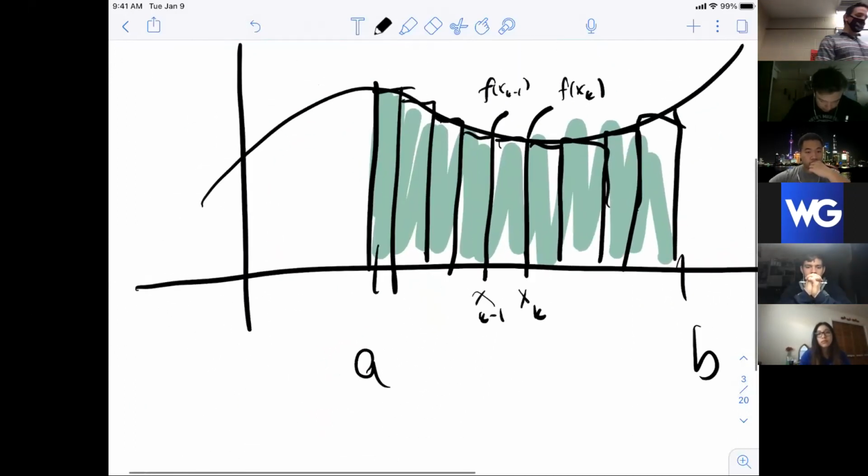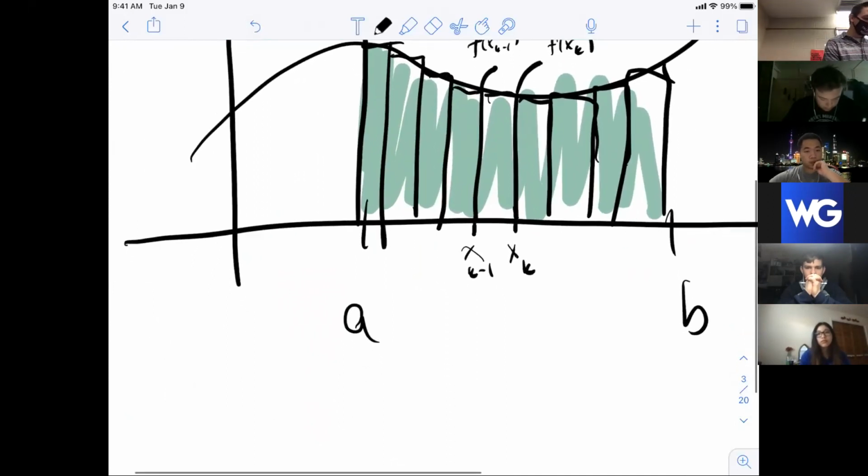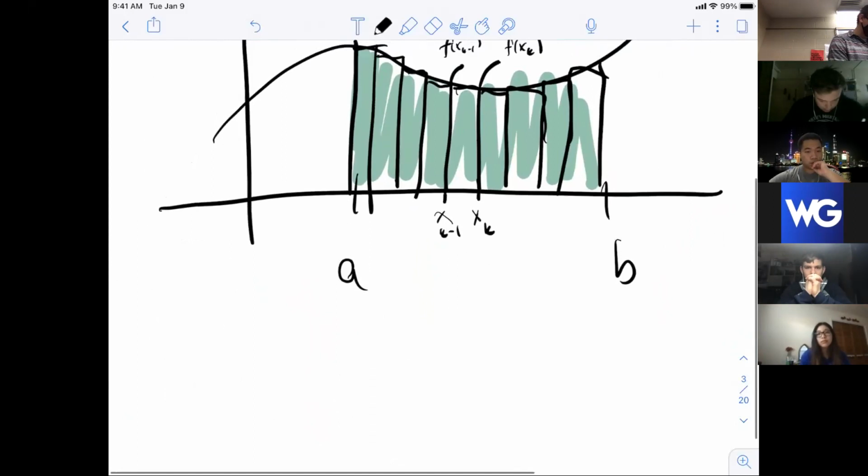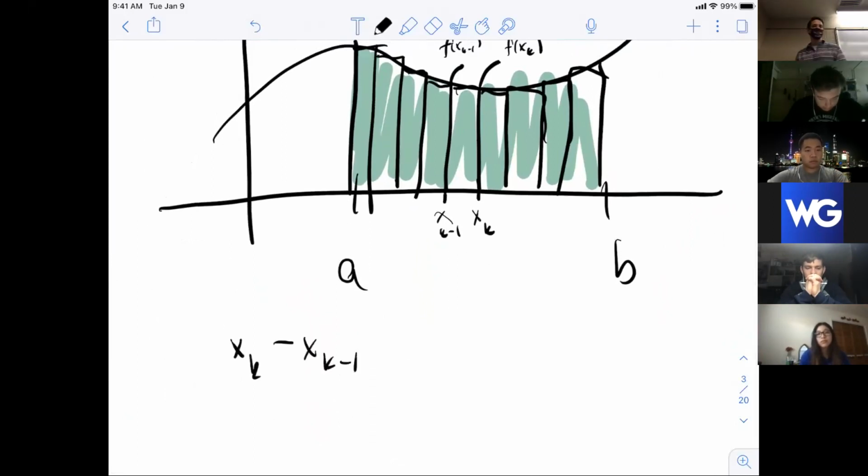Well, you can actually take the height to be many different things, right? But the length of the base is clearly just x_k minus x_{k-1}. That's the length of the base. And for us, we're always taking the bases of all of these rectangles to be the same length, right?